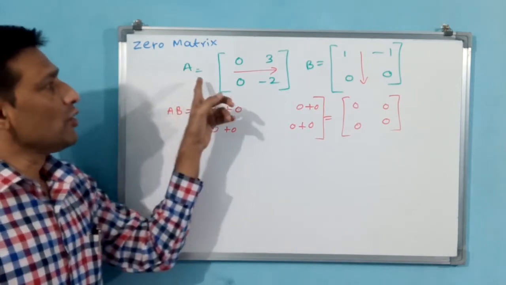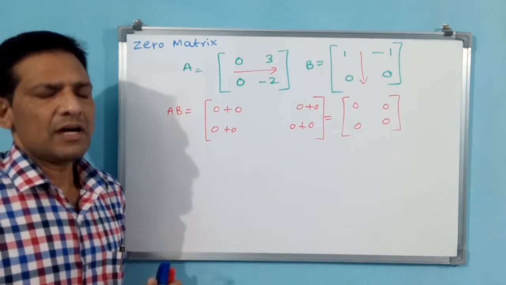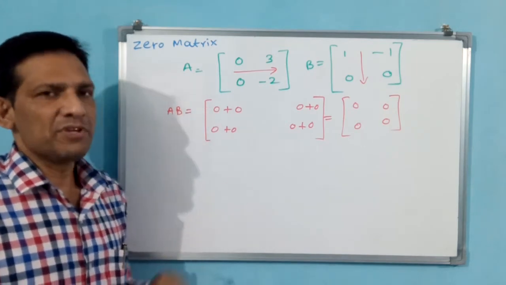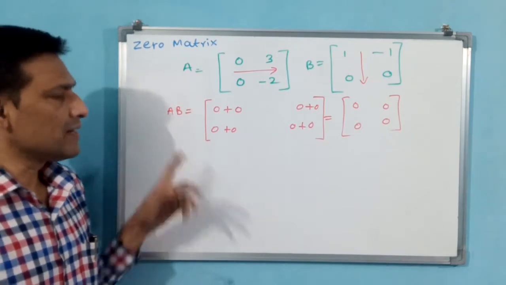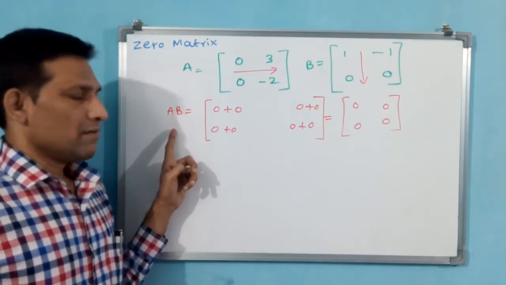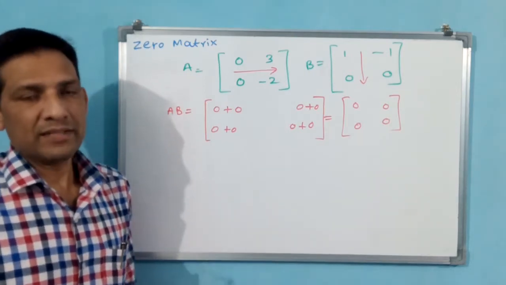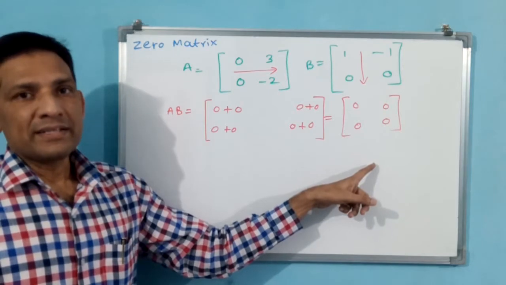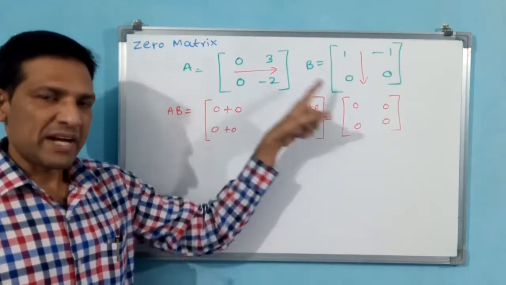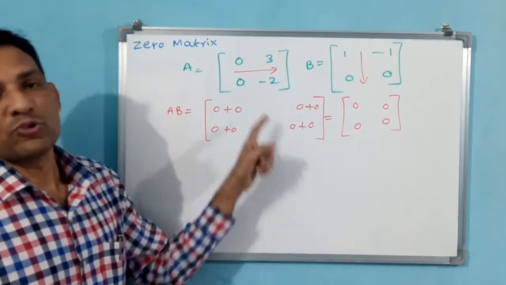See here, both matrices are non-zero matrices. A is a non-zero matrix, B is a non-zero matrix. But even then, multiplication of these two matrices resulted in the 0 matrix. That means for getting a 0 matrix by multiplication of two matrices, there is no requirement that one matrix should be 0.